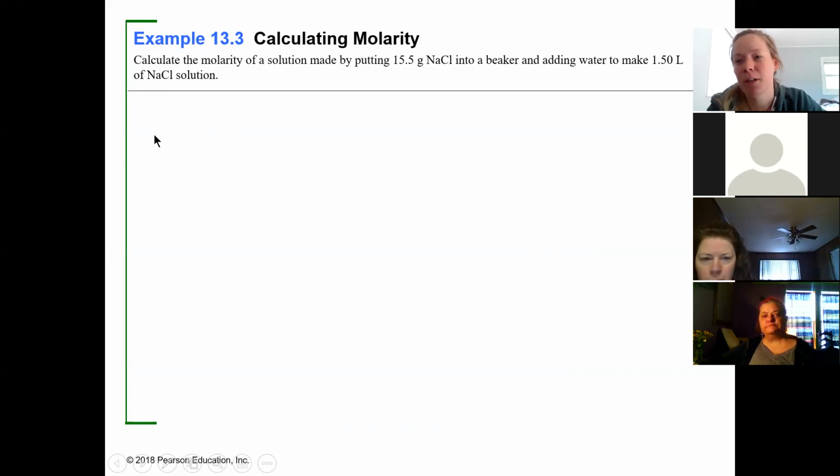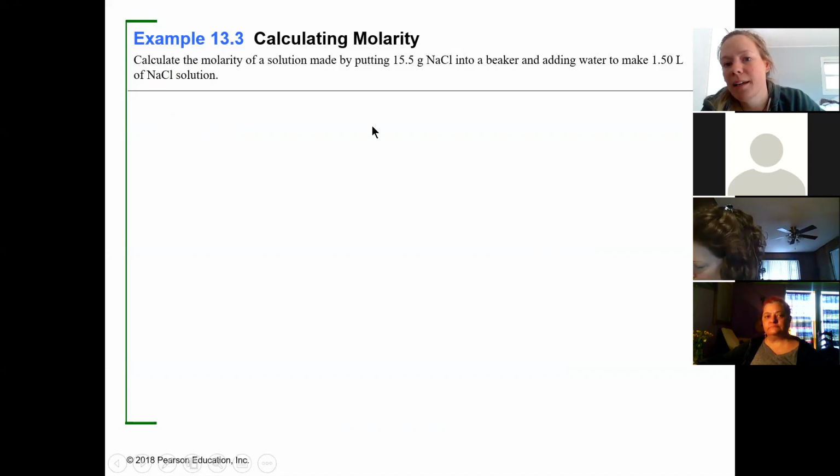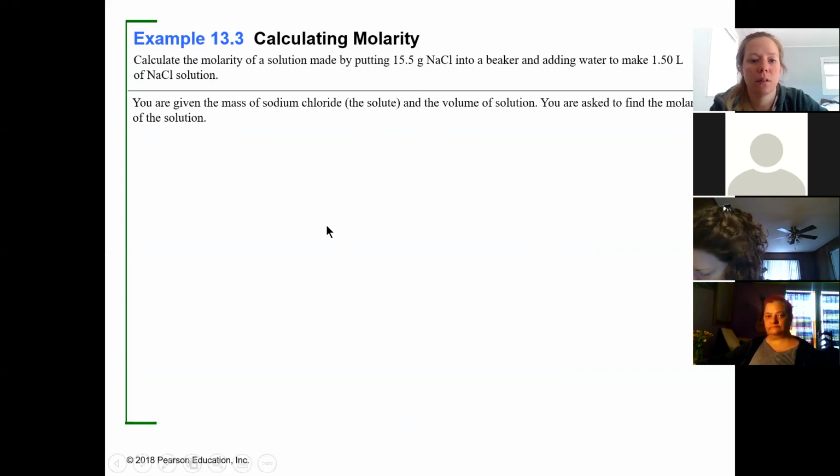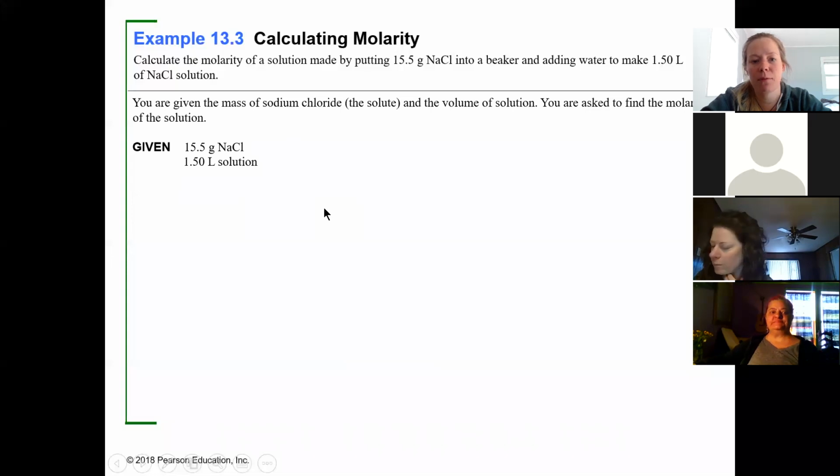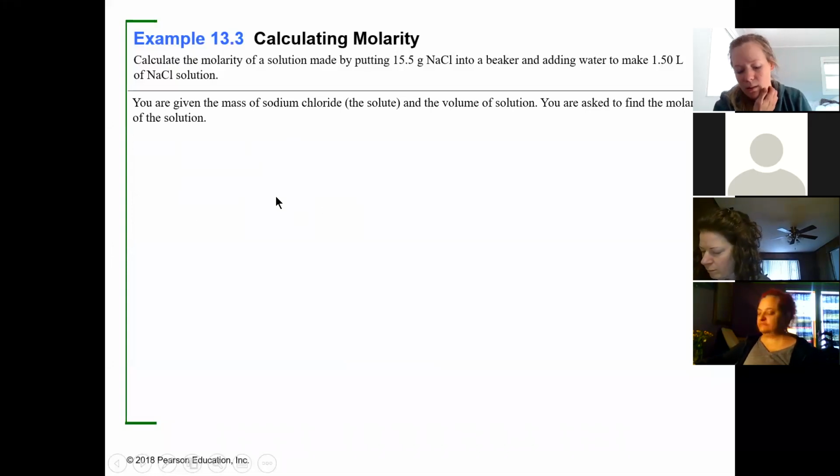Very similar problem to the last one, just an added step there. I'll give you a quick help here, just for time's sake. The molar mass of sodium chloride is 58.44. Okay, so just use that molar mass.